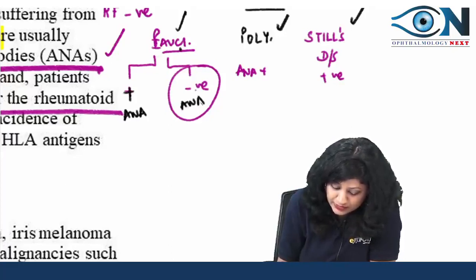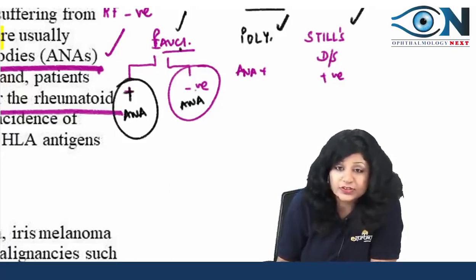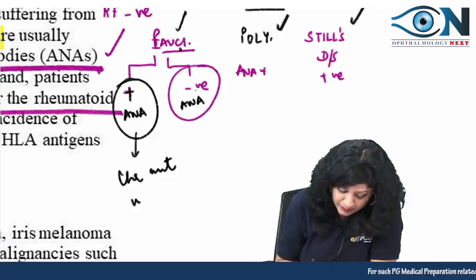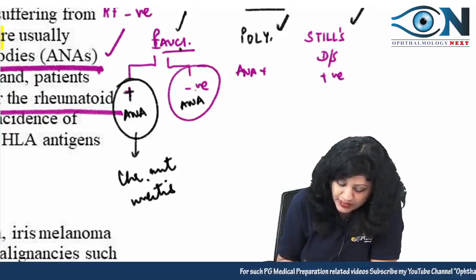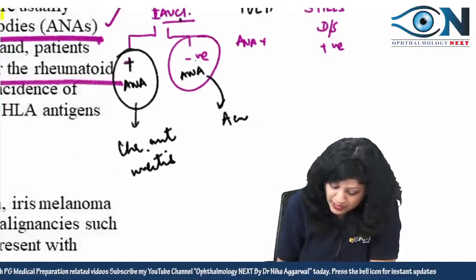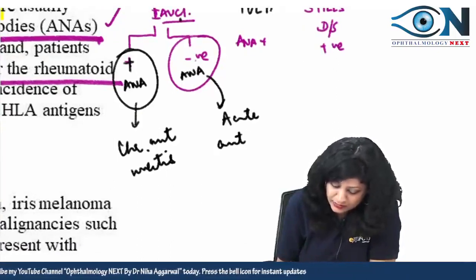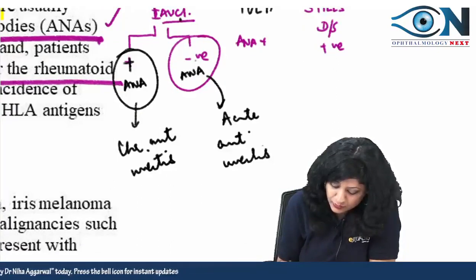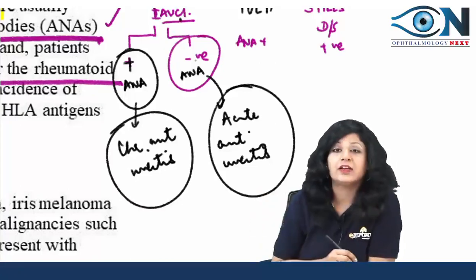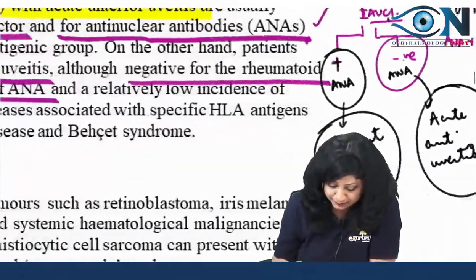Those who are positive will give you chronic anterior uveitis, and the negative ones will show you acute anterior uveitis. So chronic anterior uveitis and acute anterior uveitis, it is something like this, okay.